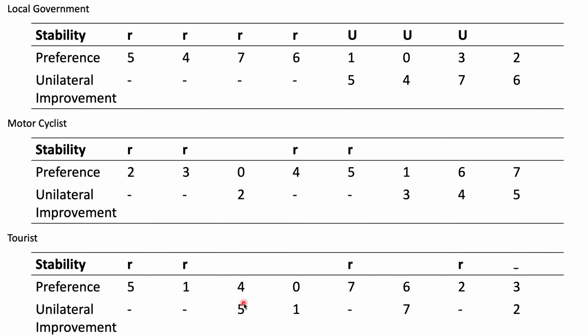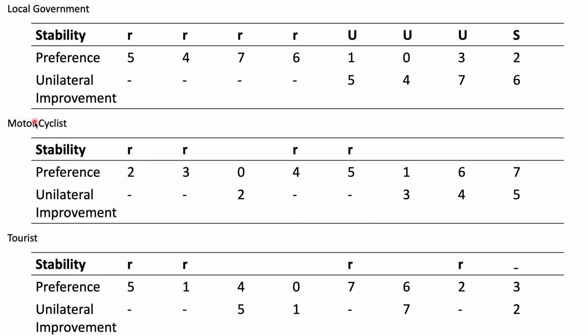So we have come full cycle from local government, motorcyclists, and tourists, and everyone has a better option. They would prefer something else. So we can mark scenario 2 from local government as sequential. We mark it with an S because we know that in this choice, everyone would have better options.